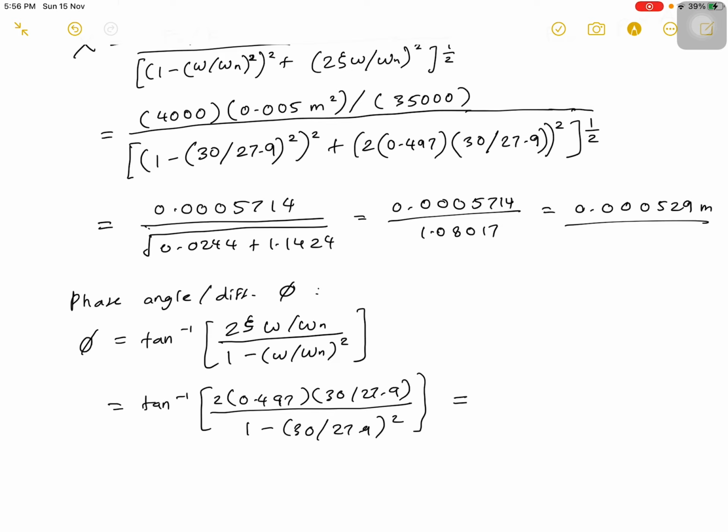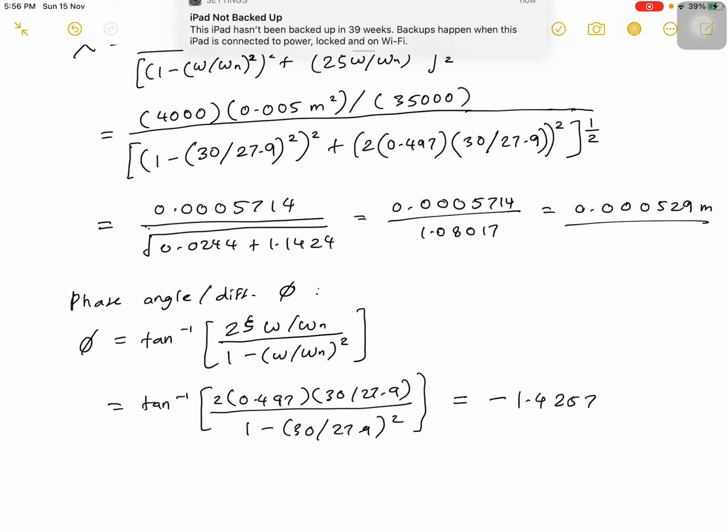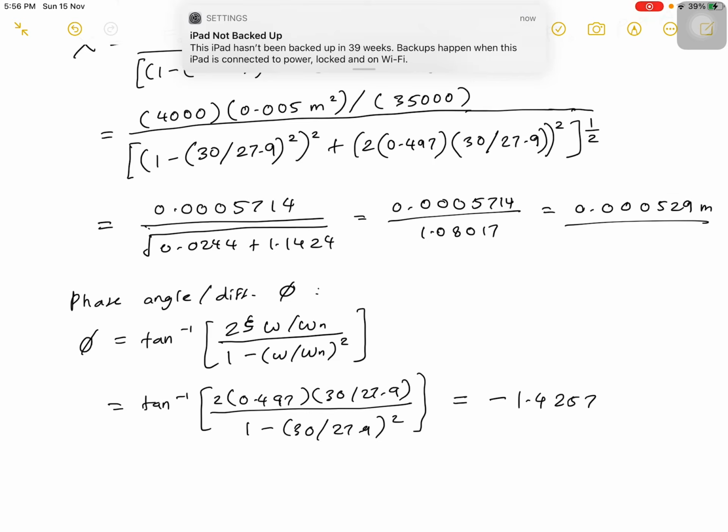After we calculate it, we can get that the value is negative. In radian, we will get negative 1.4257. Since it is impossible to get a negative phase here, we need to correct it.